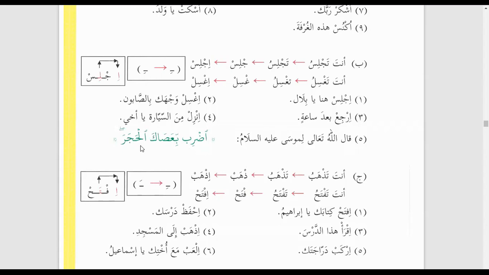Okay, so how will you translate it? Hit with your stick. Hit the stone with your stick. Okay, idrib. Hafiz of the Quran, or anyone, if you know the rules of tajweed: here, the ba, will we do qalqala here or not?